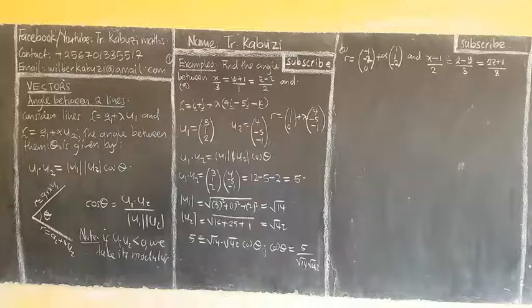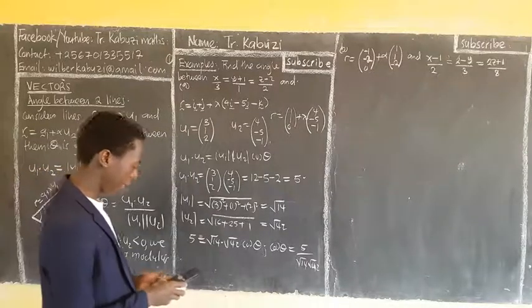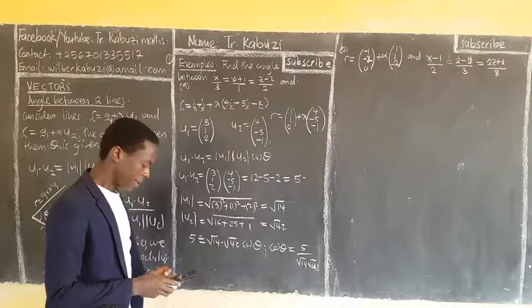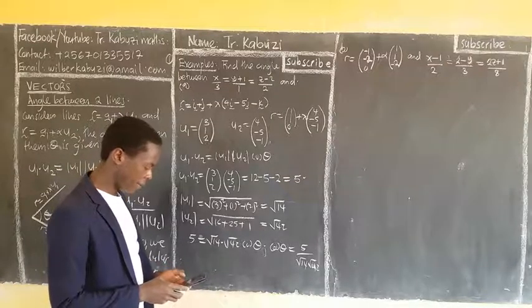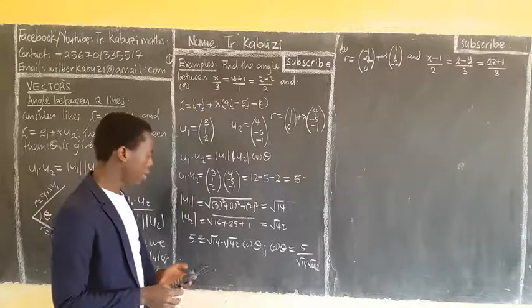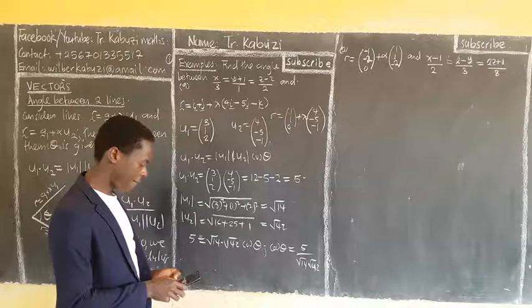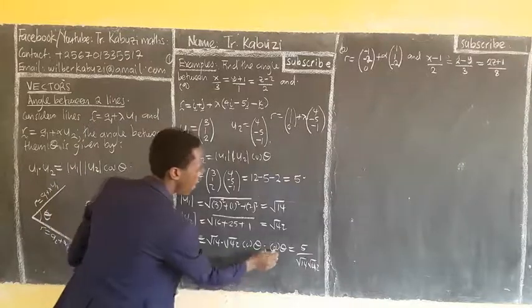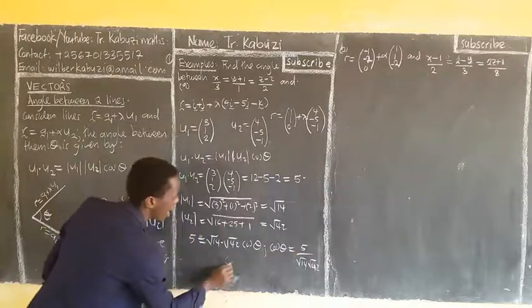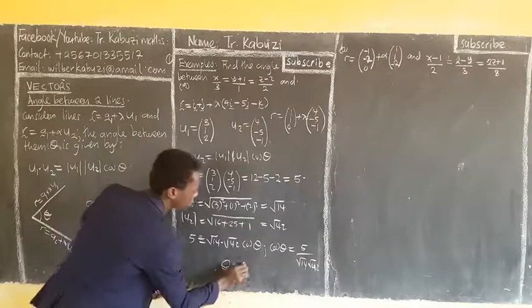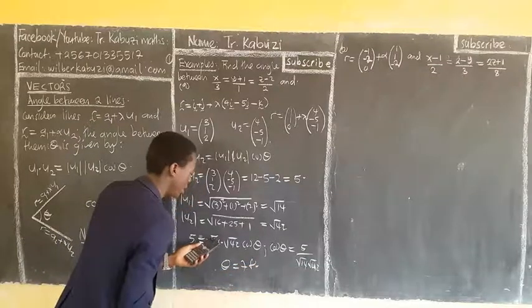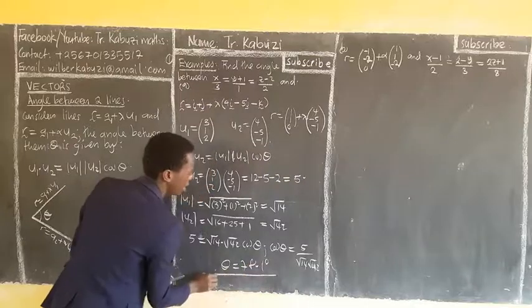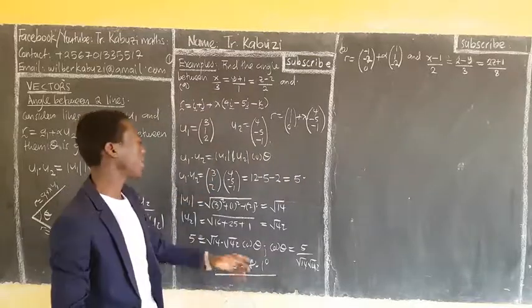If you press your calculator, you see that we have the angle. Theta will be cos inverse of that, and my theta will be 78.1 degrees. We give 2 decimal places.